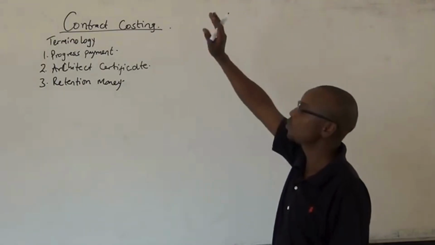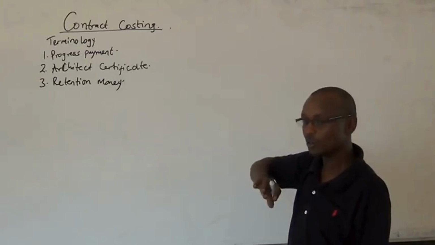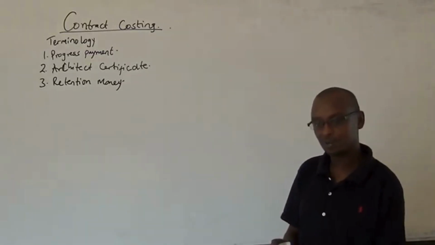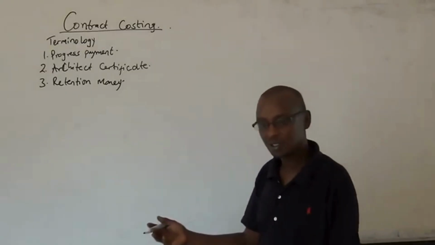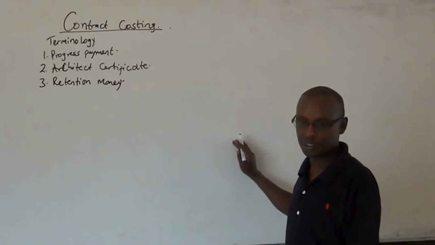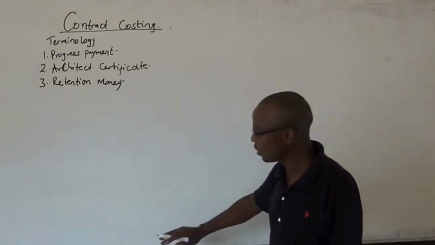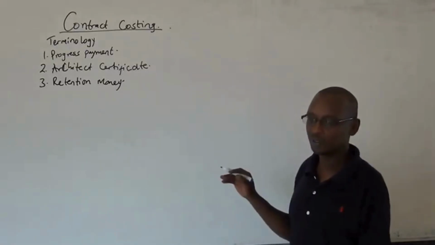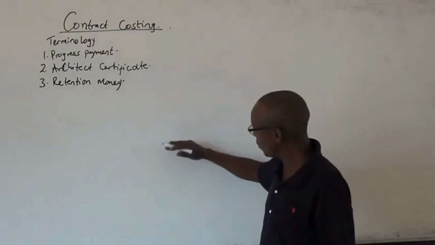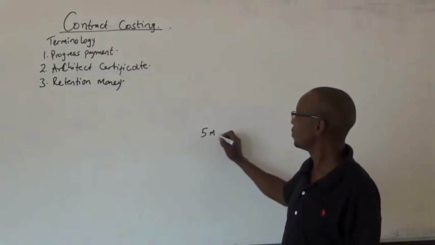So what happens? There will be an agreement with the client that they will be paying us the progress payment per floor. Let's assume it's per floor. So after we have done the 2 floors in the basement, that is when you pay us. Up to that point, you're supposed to pay us 5 million.